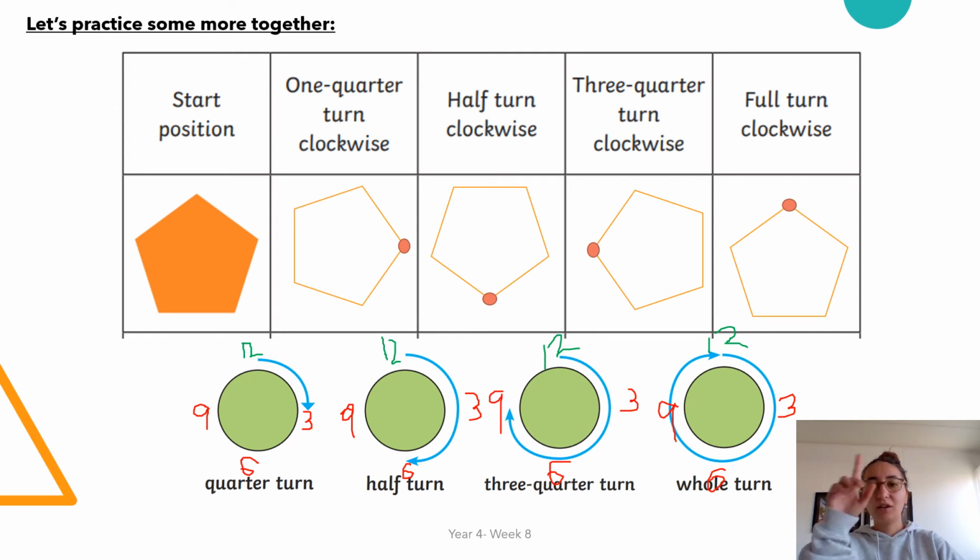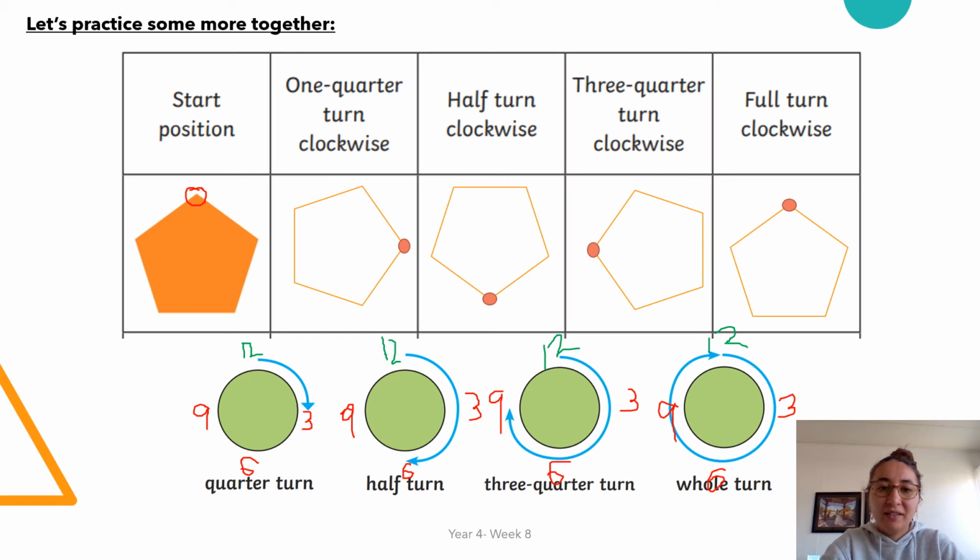And understanding clockwise, anti-clockwise. So our starting position, here we've got a pentagon. I want you to really focus on just the point up the top. That is our focus point. That is going to be kind of like the needle point of a clock, where it starts and where it ends. Okay?